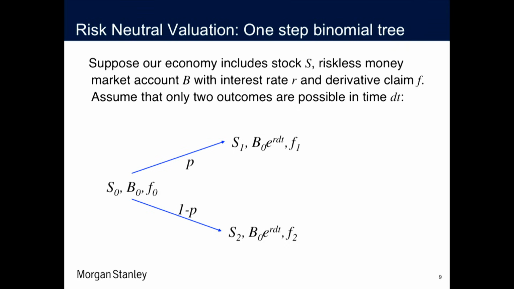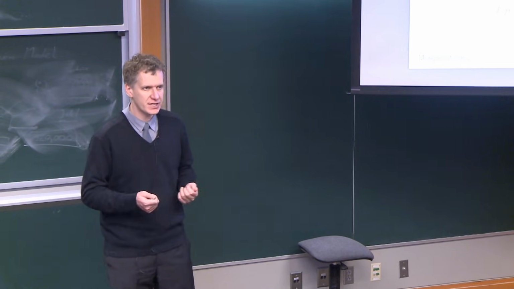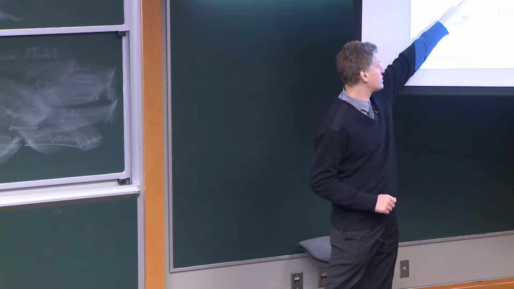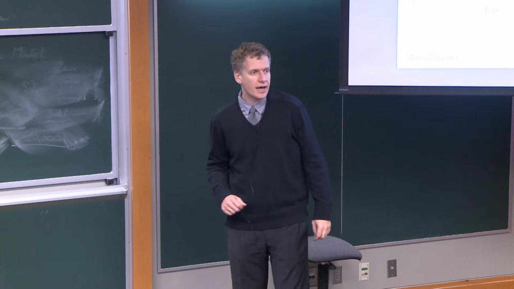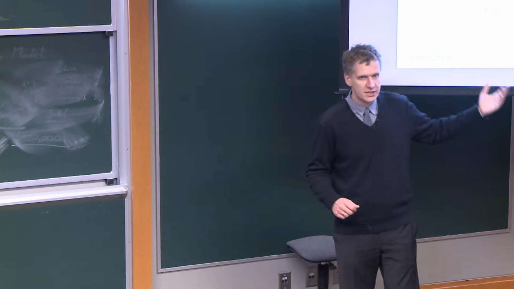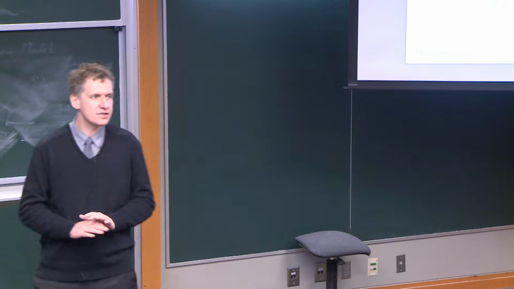We'll consider a few of those, right? Also we'll add to the mix a bit of cash, riskless cash, B0, some amount of riskless cash, B0. And riskless meaning that it grows exponentially with some interest rate R. And there is no uncertainty.